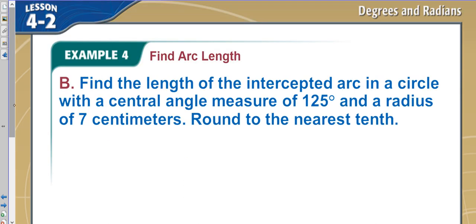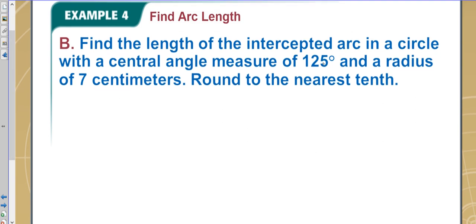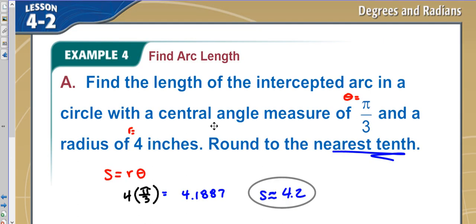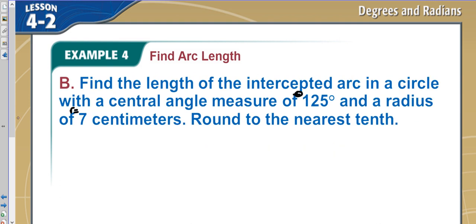Now let's try it again, and this time they give me the angle as 125 degrees. So this is my theta, with a radius of 7. I didn't put the unit here. It says inches, so let me put the inches there. Okay, so now let me come back. This time, instead of just saying S equals r theta, we're in degrees, so I'm going to have to cancel degrees.